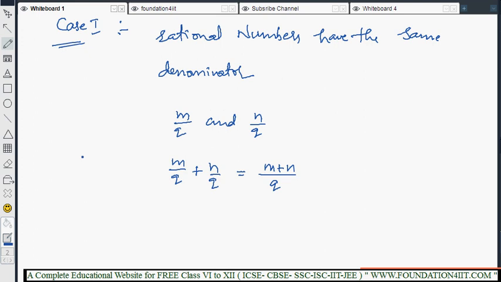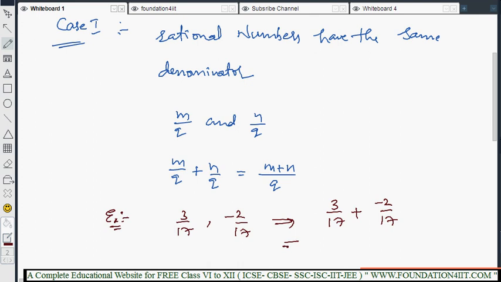So let us take an example also. For example, 3 by 17 and minus 2 by 17. Then we need to add both. So 3 by 17 plus minus 2 by 17.